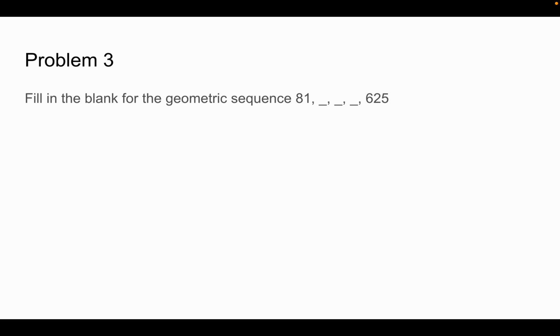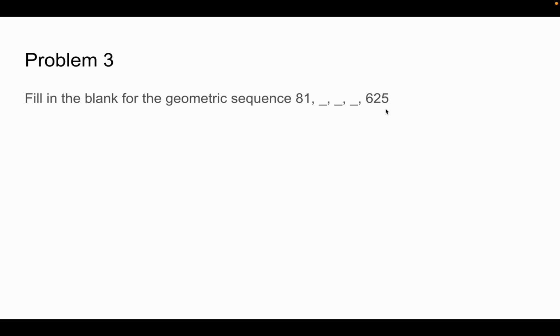Now for problem 3, this one is the hardest one in my opinion, and we have to fill in the blanks for the geometric sequence 81, blank, blank, blank, and a5 is equal to 625. This is kind of similar to the very first problem we did, where we didn't know all of the things in between.